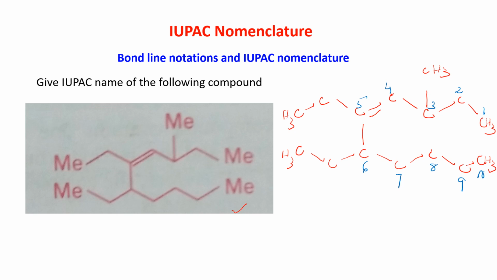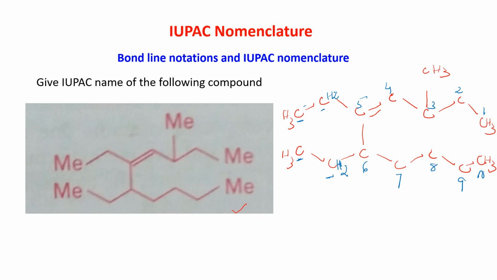Just see for the valency of the carbon atom whether it is satisfied or not. I'm just seeing first this carbon atom. This carbon atom is having 3 hydrogen here and 1 here, so this carbon atom is satisfied. Now look for this carbon atom. Here we are having only 2 valency satisfied, so it will be CH2. Now look for the carbon atom, this one. This is also satisfied. Now come for this carbon atom. This carbon atom will require 2 hydrogen.